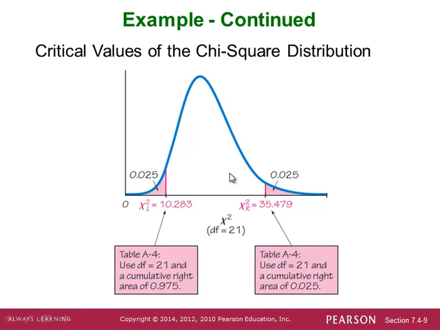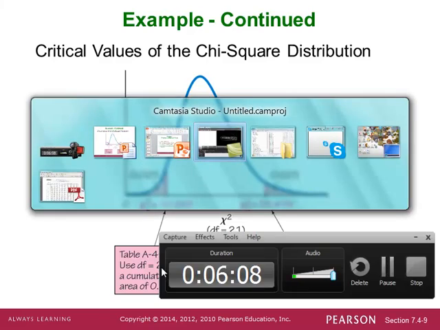Note that the chi-square distribution graph is not symmetric. So we're going to have to actually look up two different numbers. Now, this is for degrees of freedom of 21. 22 was our sample size. Minus 1 is 21.